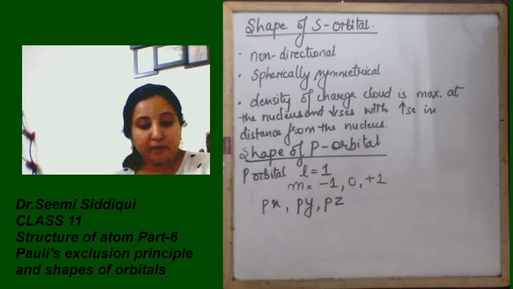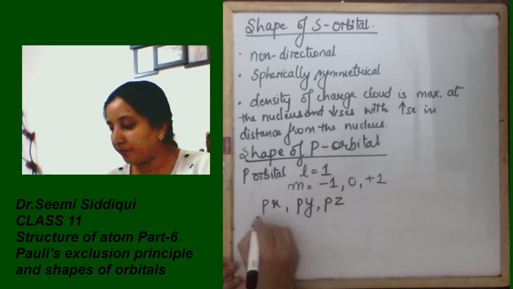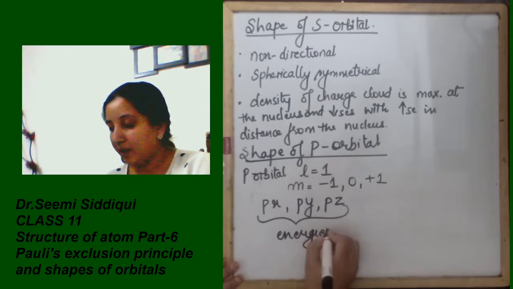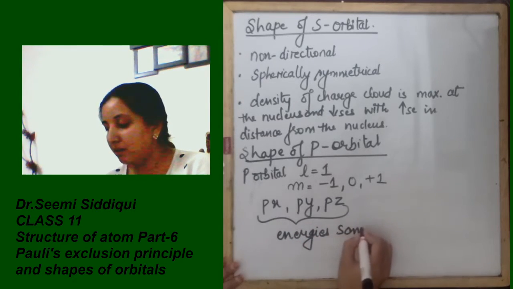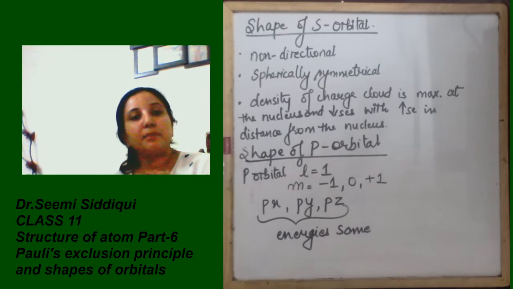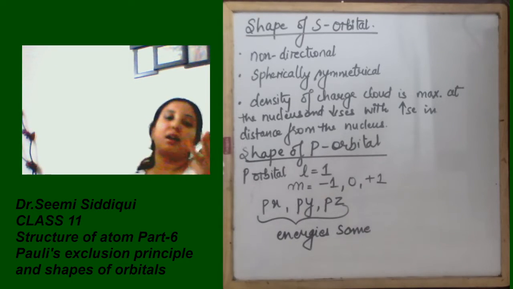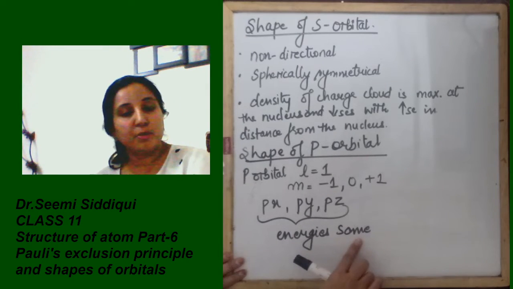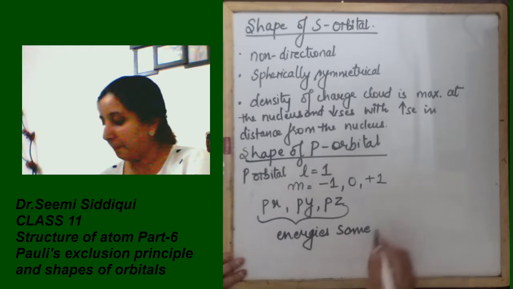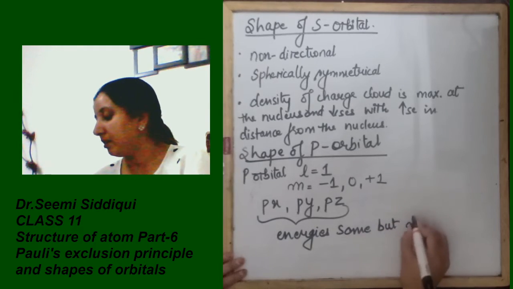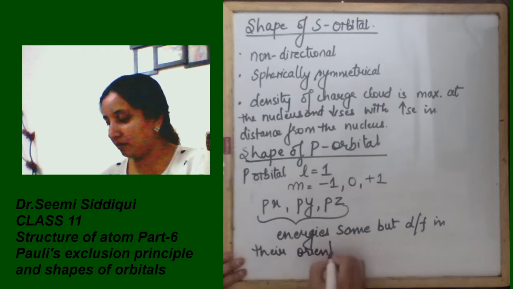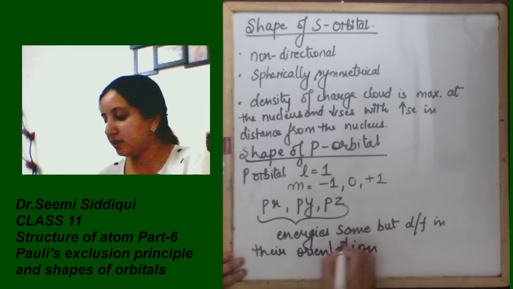Now whatever these 3 orbitals, their energies are going to be same. Reason being that all these 3 are part of the p orbital only, therefore energies are going to be same in this case, but they differ in their orientation.